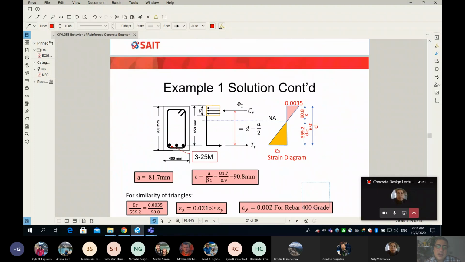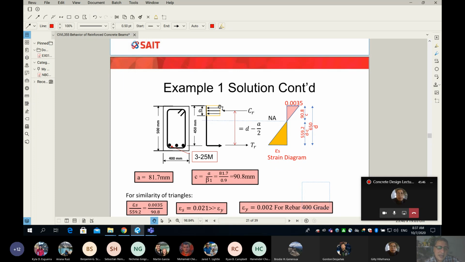Now, once you know the value of A, because of the equilibrium of C and T, we simply go to our strain diagram. One more time here, you can see I exactly copied the picture from the previous slide. So that's exactly the same beam, and we have the compression in the concrete, we have tension in the rebar, but also I drew this strain diagram.